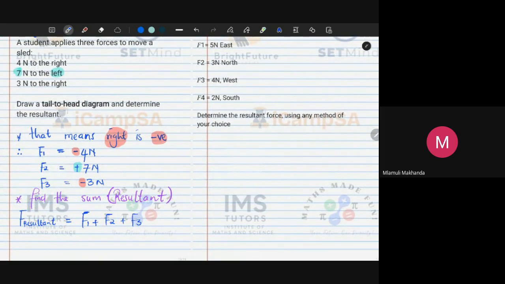Right? Good. F1 is minus 4 plus 7, right? Because 7 is just plus 7. So plus minus 3. So if you punch this in your calculator, you would get 0. So minus 4 plus 7 is positive 3. Positive 3 minus 3 is simply 0.